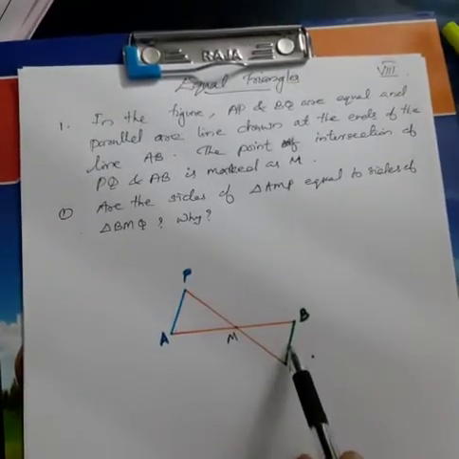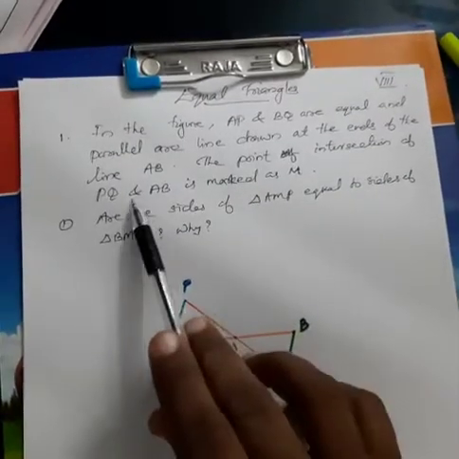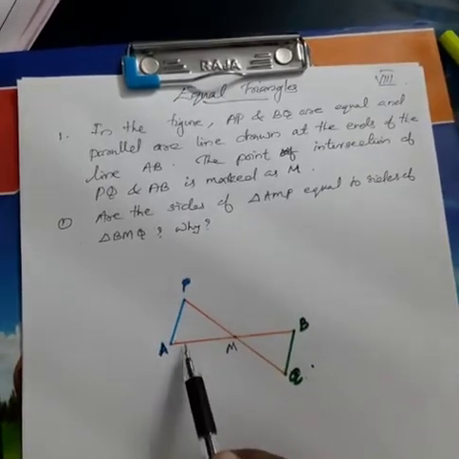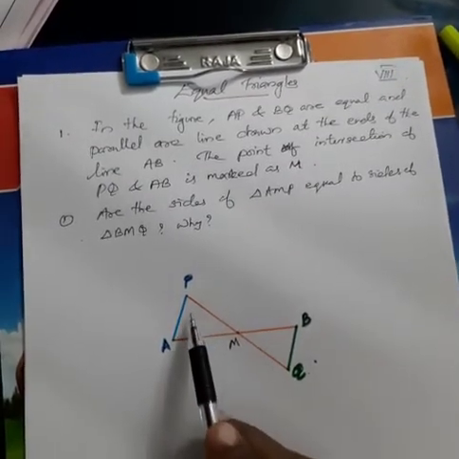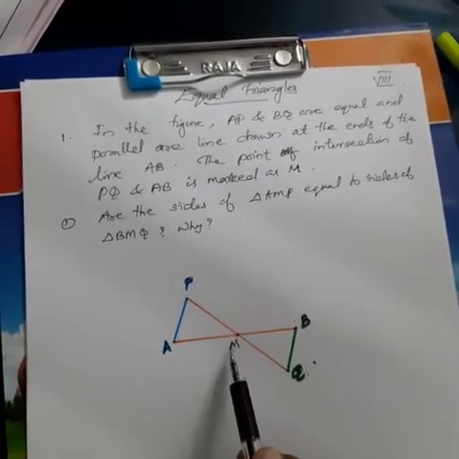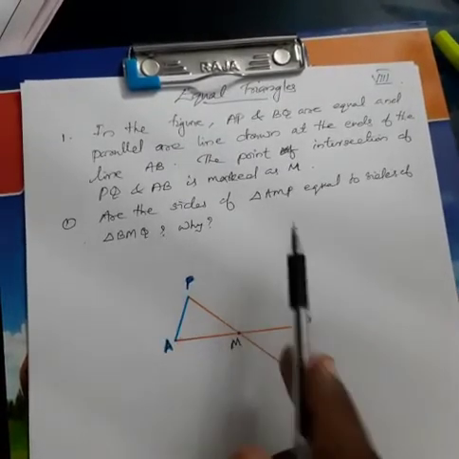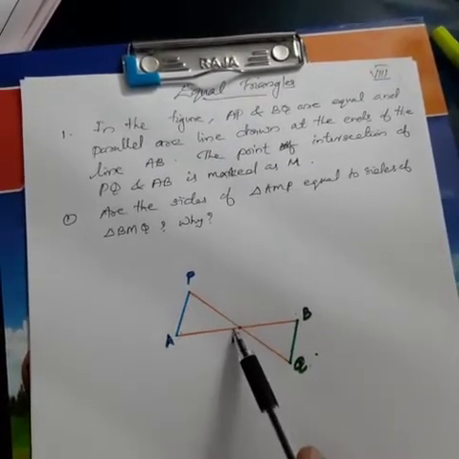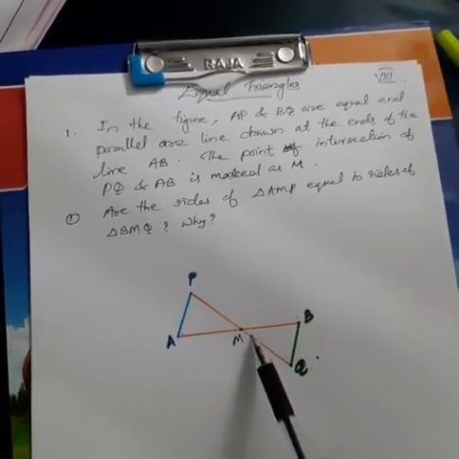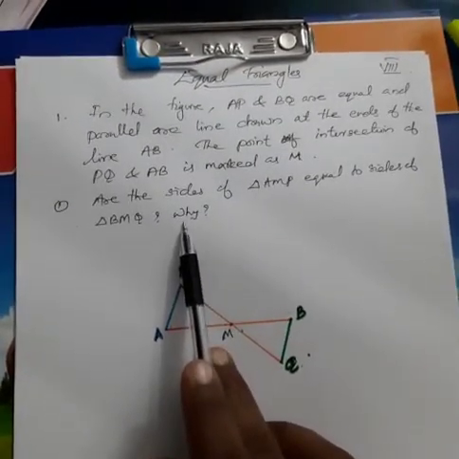The point of intersection of PQ and AB is marked as M. The first question: are the sides of triangle AMP and the sides of triangle BMQ equal, and why are they equal?